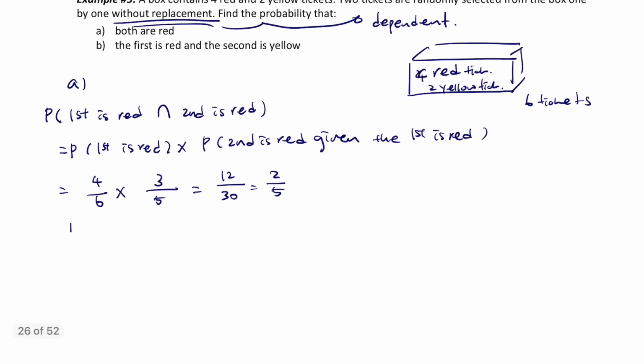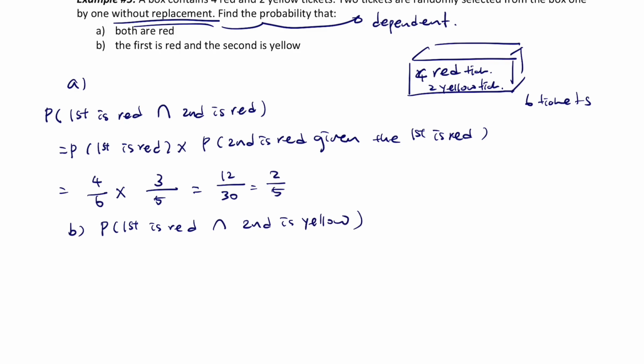Then question B, we need to find the probability that the first is red and the second is yellow. So what we need to do is find the probability that first is red intersect second is yellow.